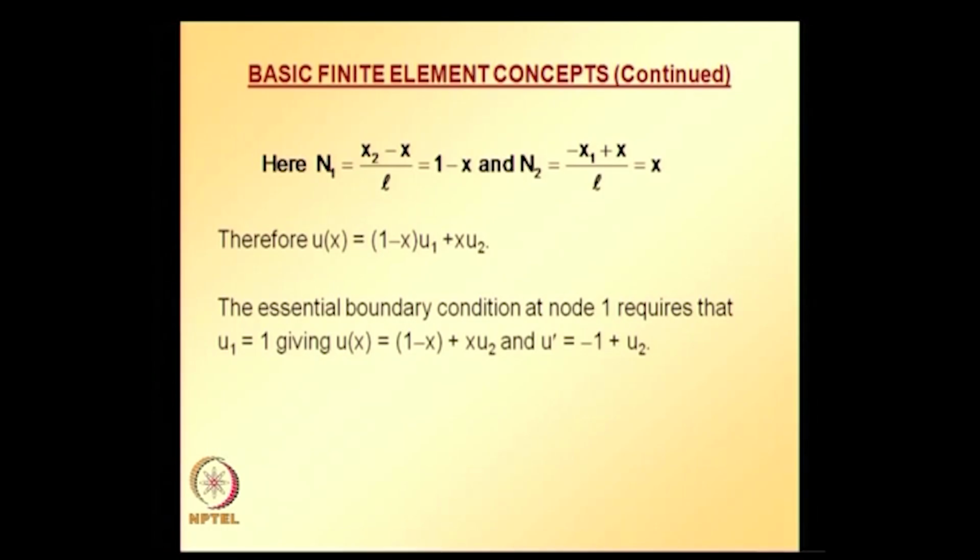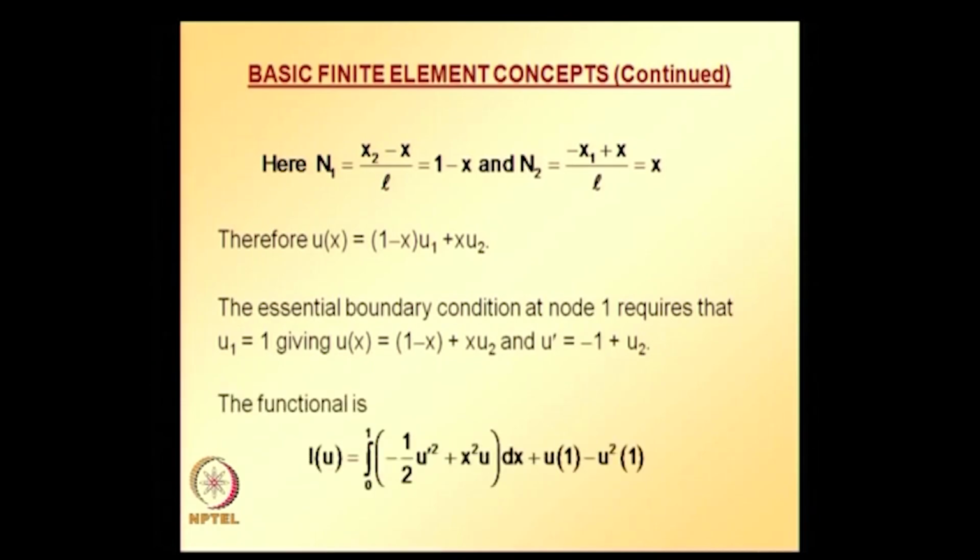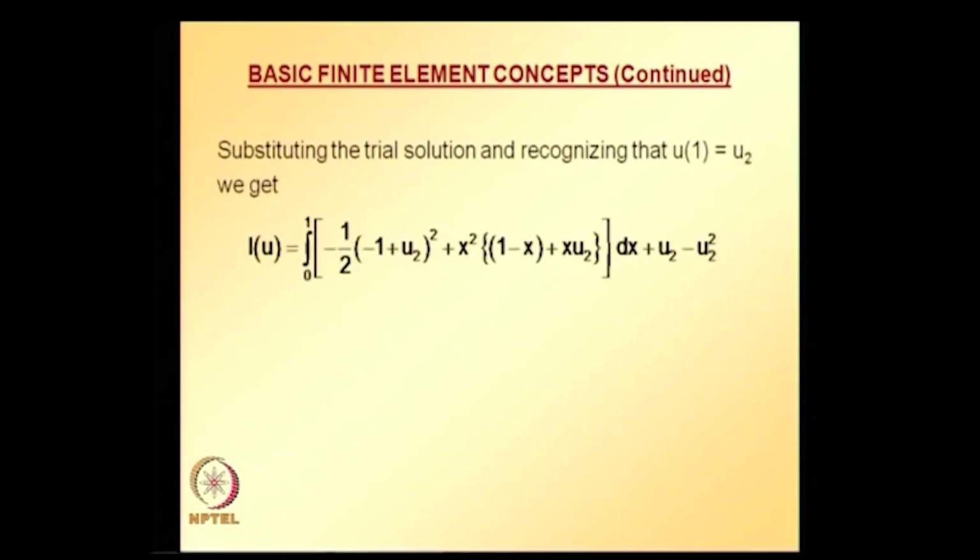So, all these quantities, that is the trial solution and the derivative of the trial solution, are required for us to plug into the equivalent functional. Substituting the trial solution and recognizing that u evaluated at x equal to 1 is nothing but u2, the equivalent functional becomes this one.